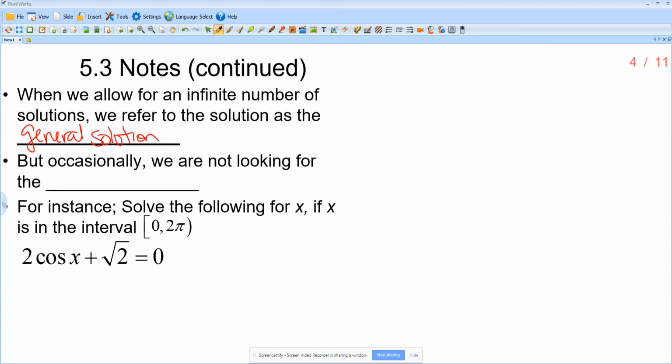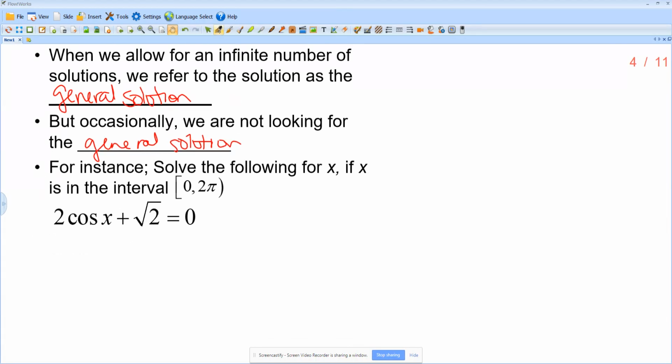But occasionally, we are not looking for the general solution. For instance, if I told you to solve for x, but then gave you the domain restriction of 0 to 2 pi, we're going to subtract the square root of 2, so we get 2 cosine x equals negative square root 2, and divide by 2.